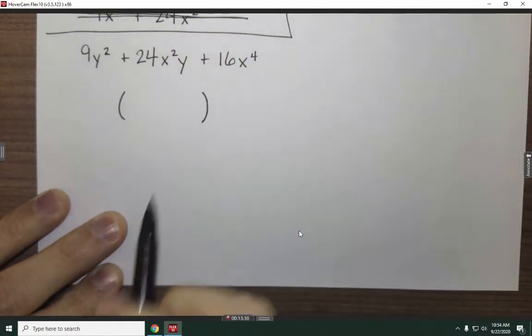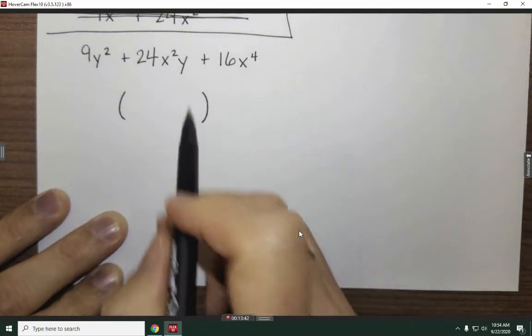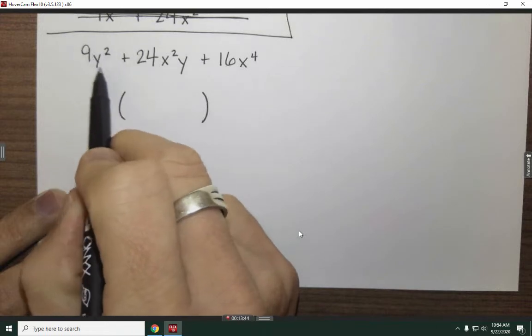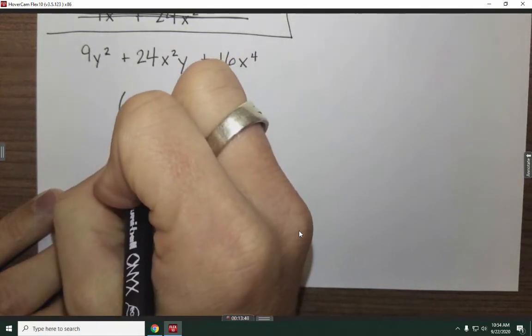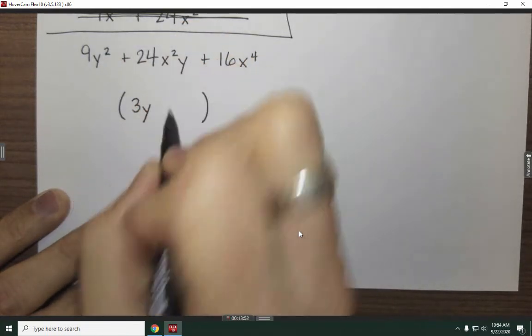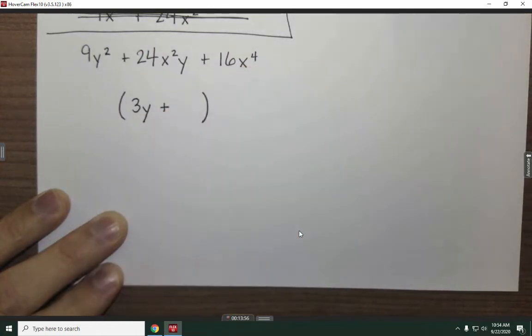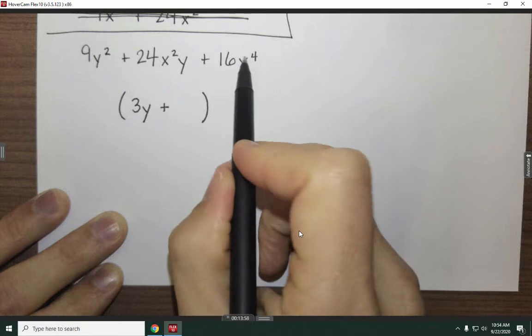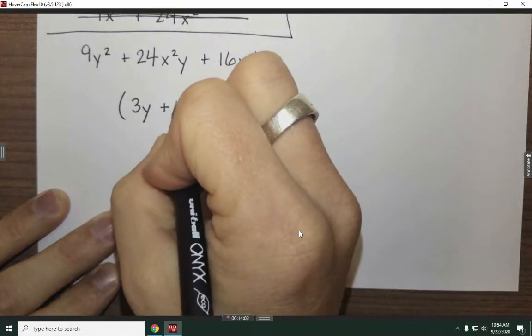Anytime we have a trinomial on this, we're going to do it the same way we did on the last one. So the square root of 9y squared, well, 3 times 3 gives me that 9. And y times y gives me y squared, so this is 3y. My middle term is positive, so I'm going to make sure that I have a plus in between here. And then I know 4 times 4 gives me 16.